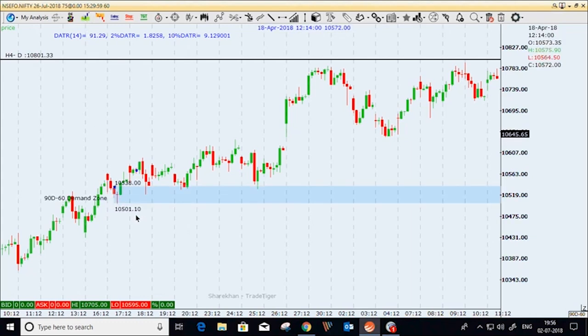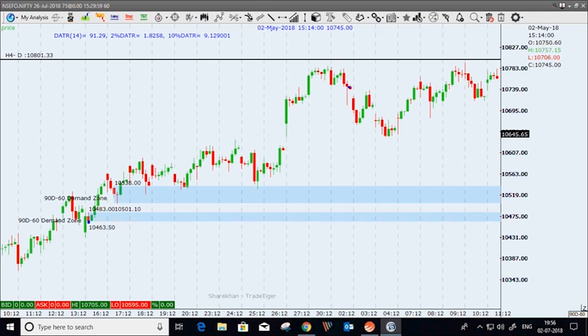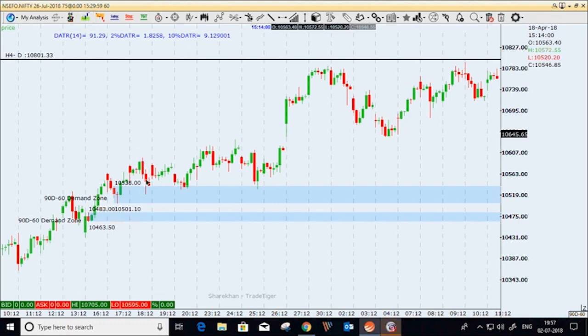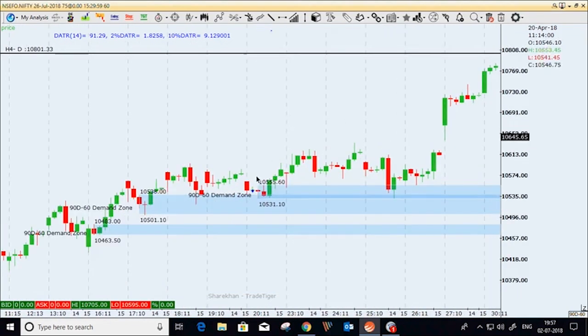Let me mark the base candle here. Is the base candle of this zone touching the base candle of the lower zone? No? Yes. So it is an authentic zone, right? Now, if I mark this drop base rally, is it a drop base rally?